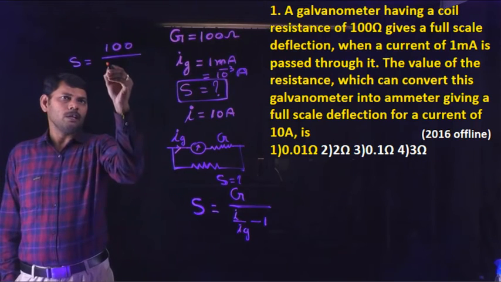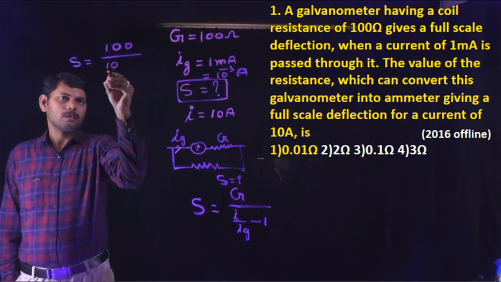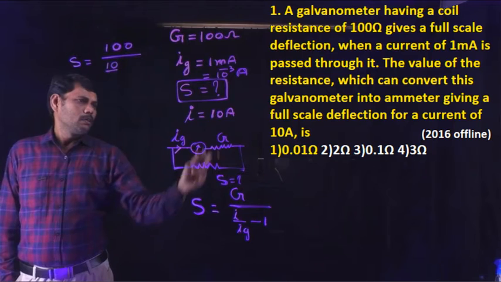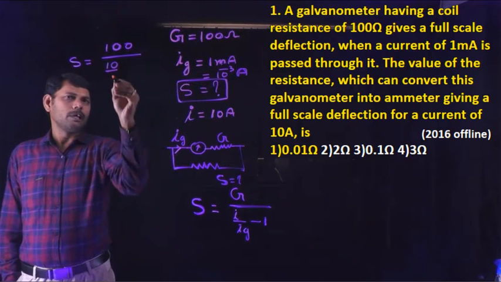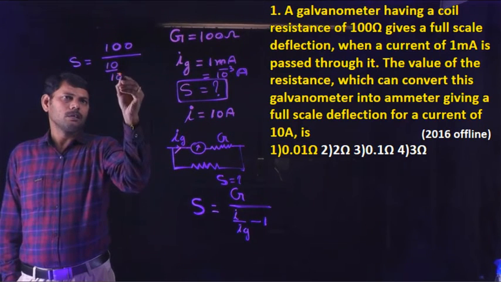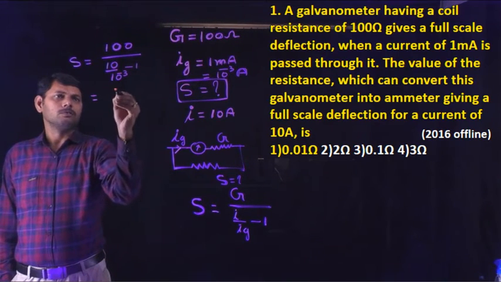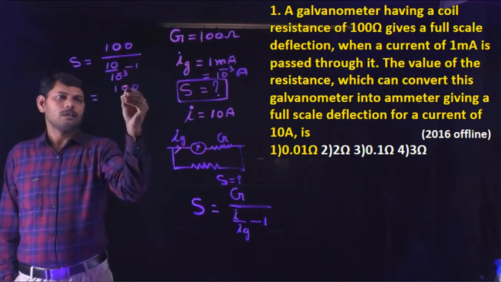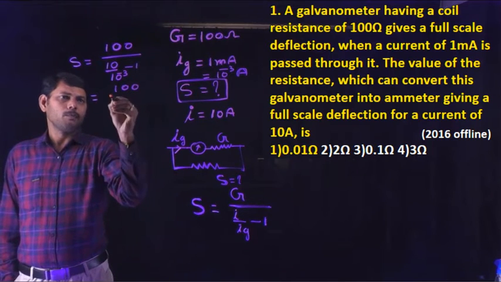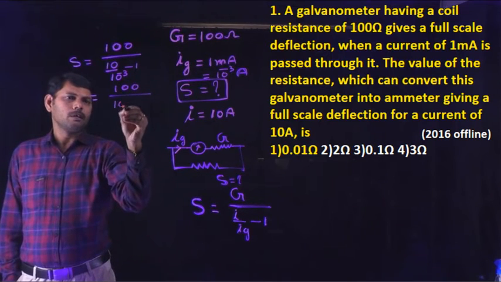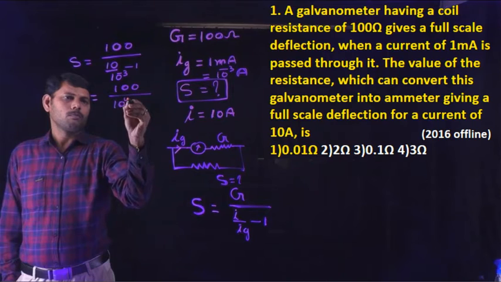I is 10 amperes, divided by I_G which is 10 power minus 3, minus 1. This is equal to 100 divided by 10 power 4 minus 1.